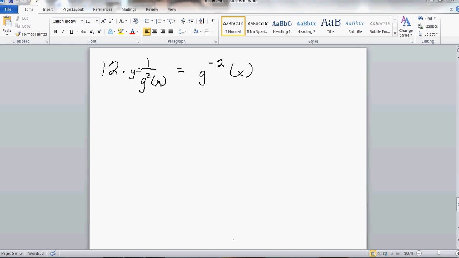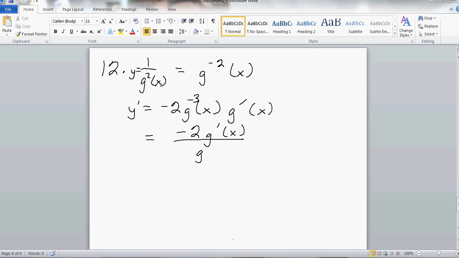If this is y, our derivative will be, bring the negative 2 out front, leave the inside alone, and subtract 1 from the exponent. But then we have to make sure that we take the derivative of the inside, which was g of x.